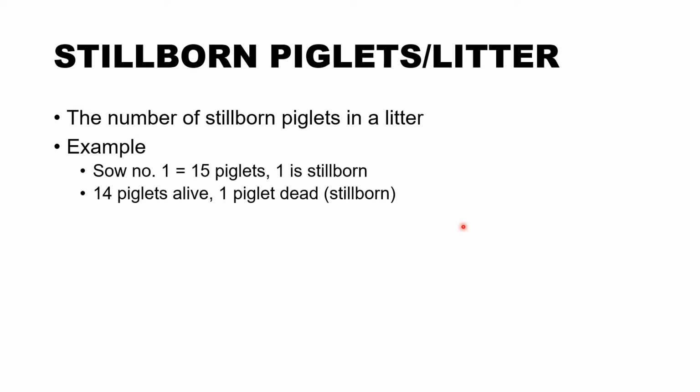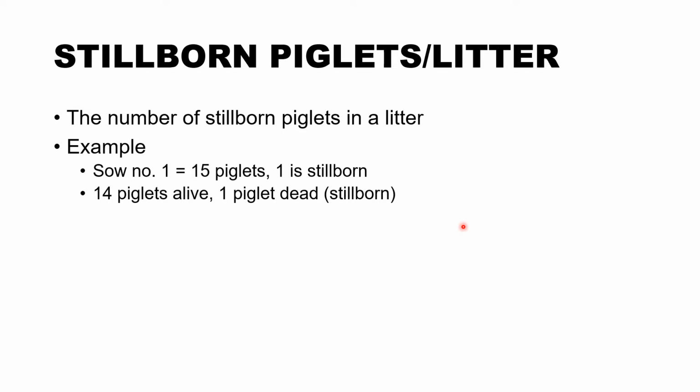When we say stillborn naman, yun yung mga parang patay. You could say patay na mga piglets. So the number of stillborn piglets in a litter. So yung mga patay, example, yung sow number 1 mo, 15 piglets ipinanganak. Pero may nakita ka, isa yung stillborn. So isa yung hindi gumagalaw, patay na.